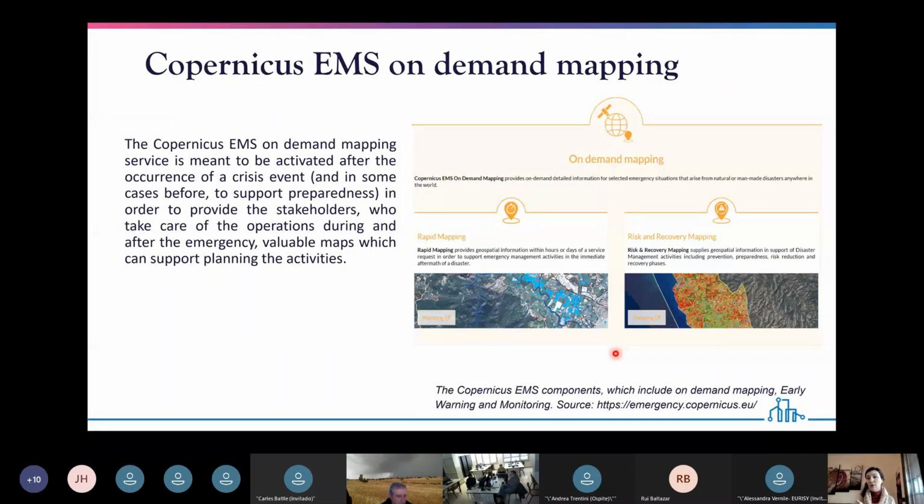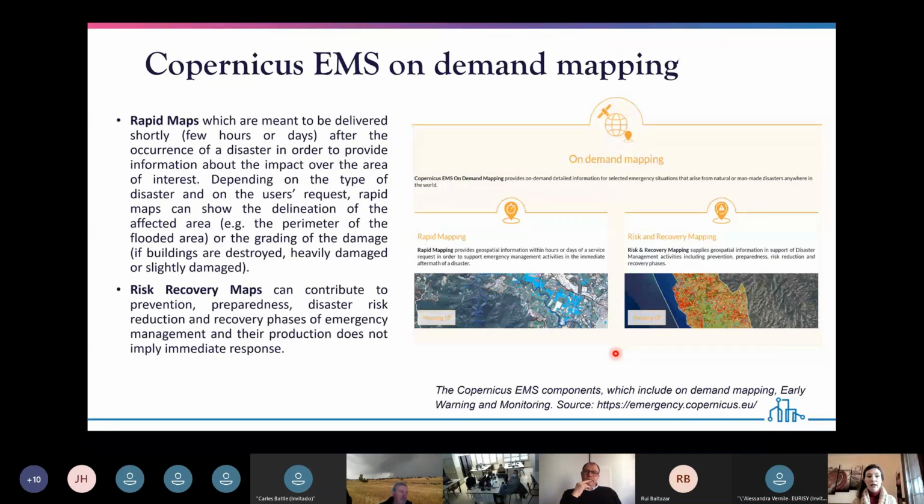So the pre and the post event phases, so that the users, the civil protection and the other actors who are managing the emergencies can have support for their planning and their design of activities. So these are the two types of maps which are planned.